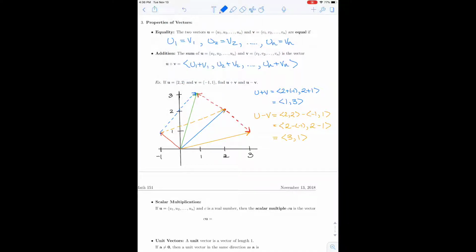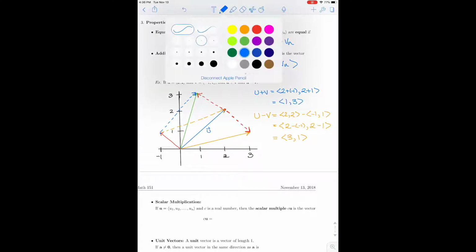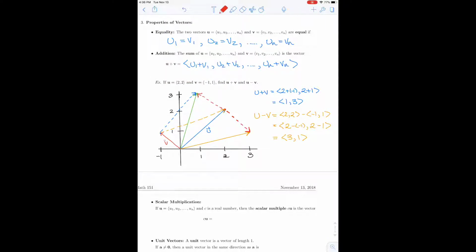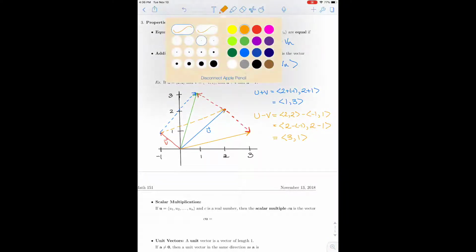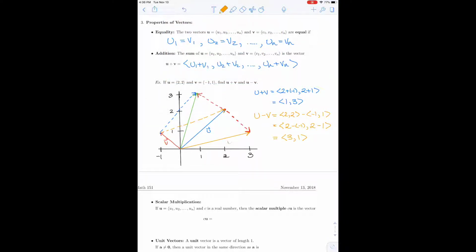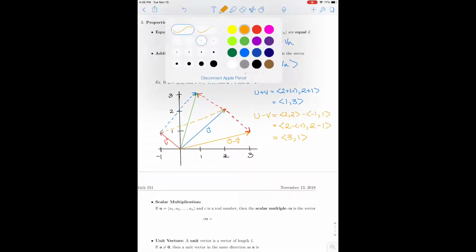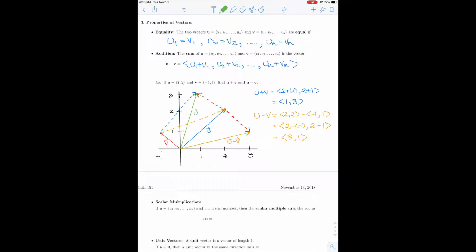I'm going to put in a few labels that might have been missing. So the blue is the vector u, the red is the vector v, the orange is the vector u minus v, and the green is the vector u plus v.